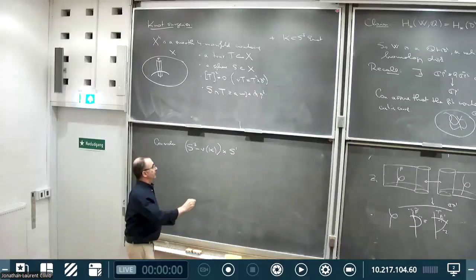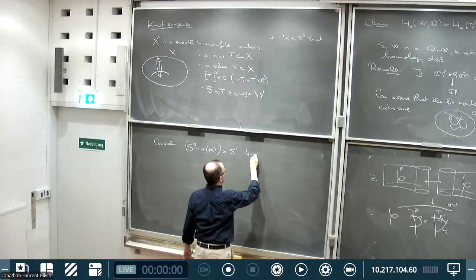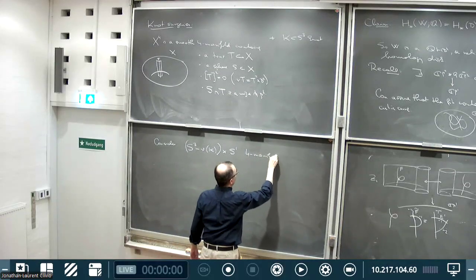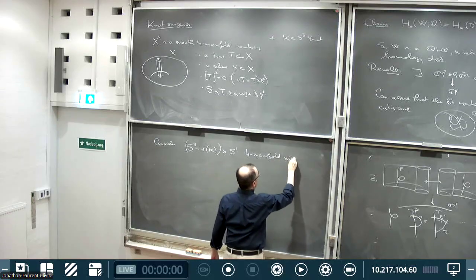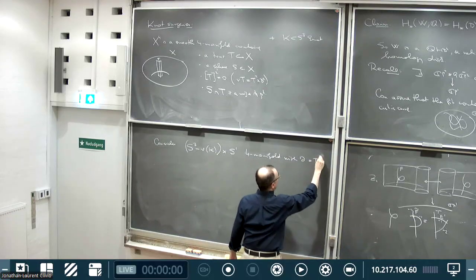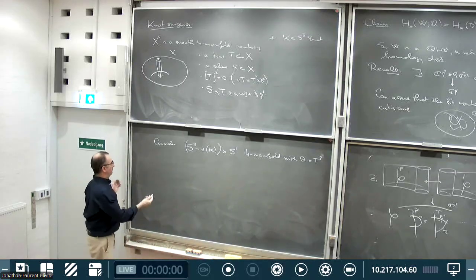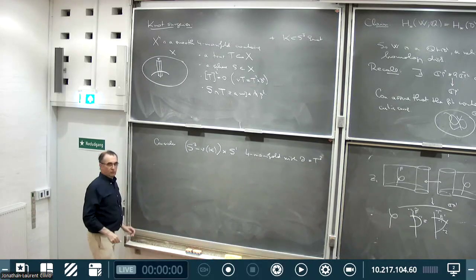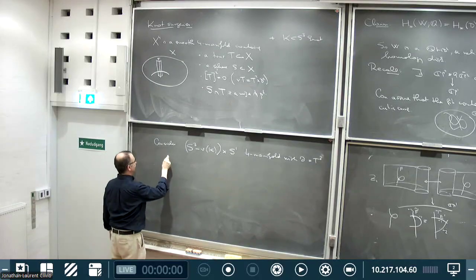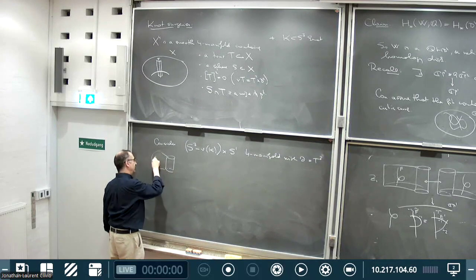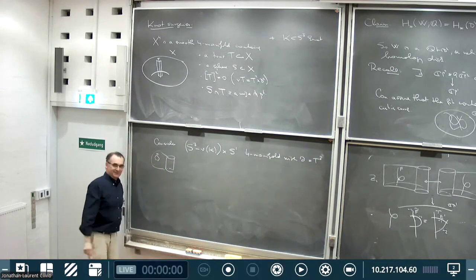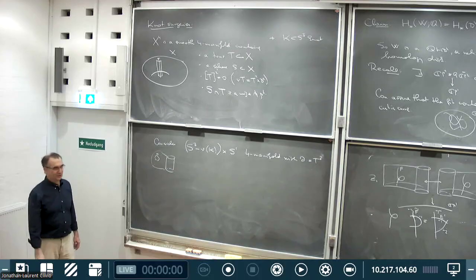So this is a four-manifold with boundary, with three-dimensional boundary T3. Okay, so I don't want to draw. It's something like, I don't know.